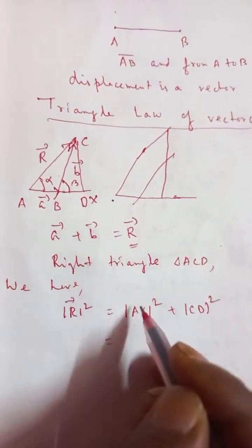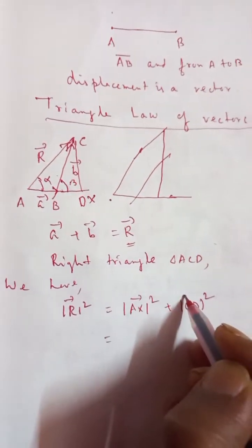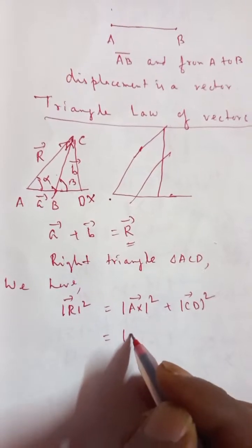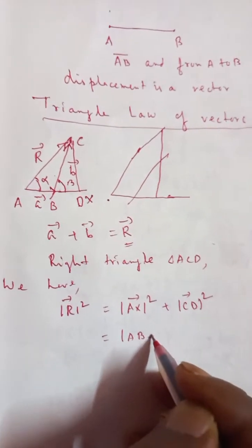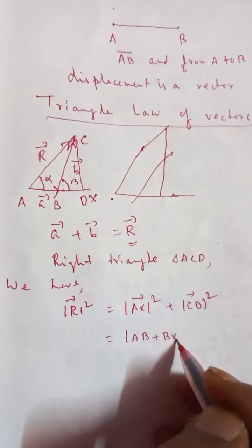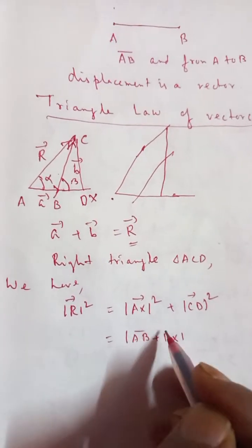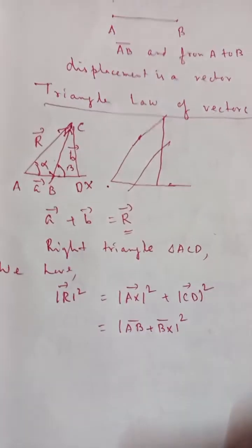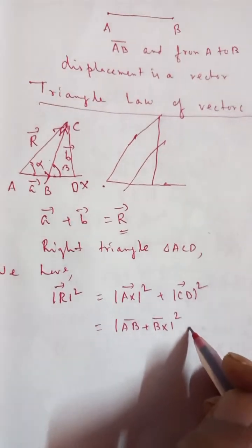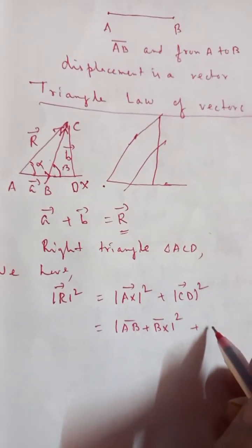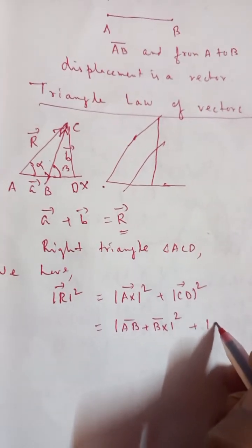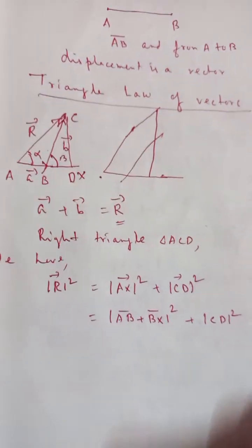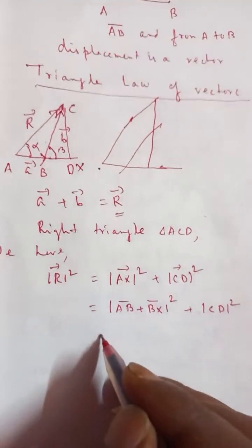we are taking these as vectors. So mod of AX is equal to AB plus BX, the sum of these two vectors, whole square, plus CD square, and mod of AB square.